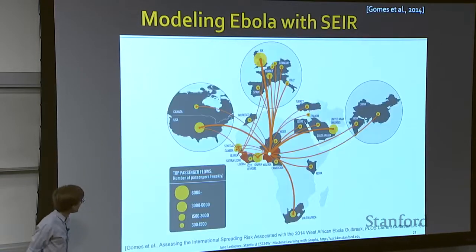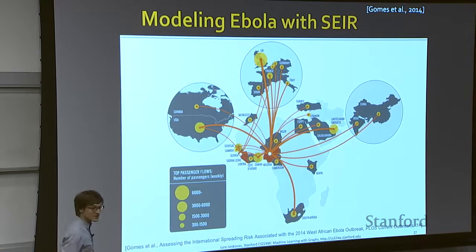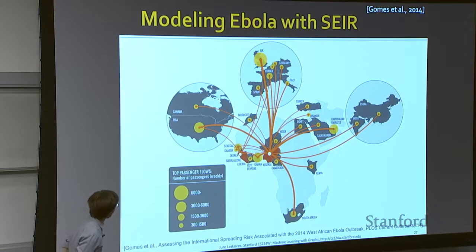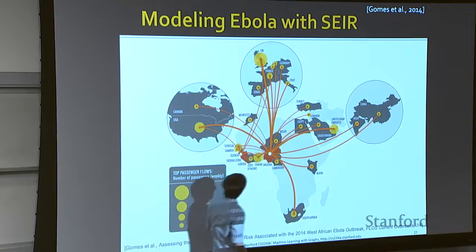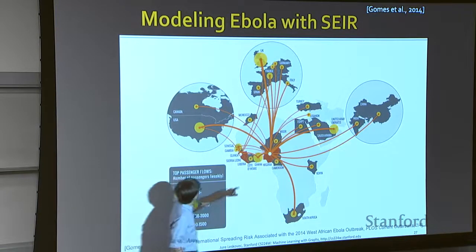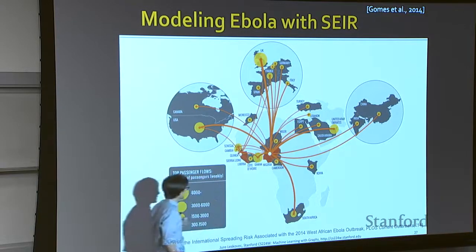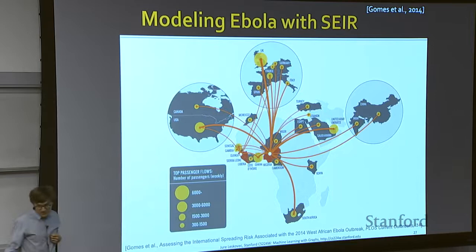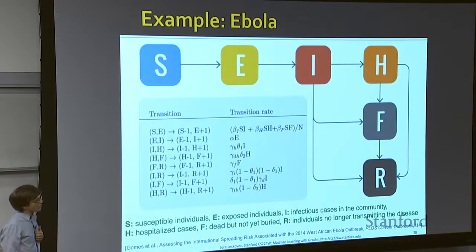And of course, as I mentioned before, you can make them much more complicated. This is going back to the example of Ebola. This is the type of network that they were modeling for the spread of Ebola. And it's all about the planes and the airlines, as I was saying before. And then, as I tried to indicate, these models can get more and more complex.